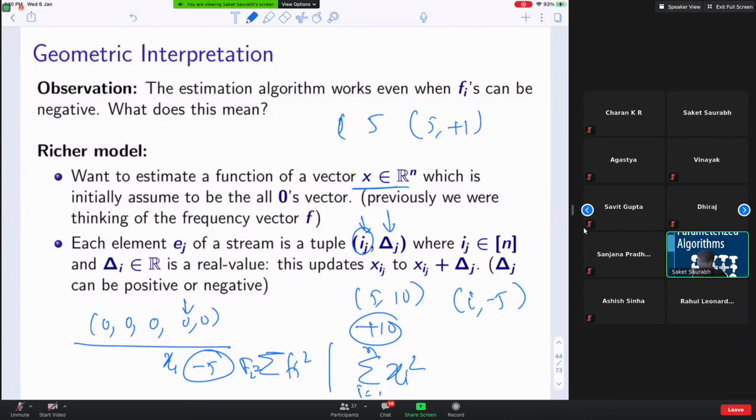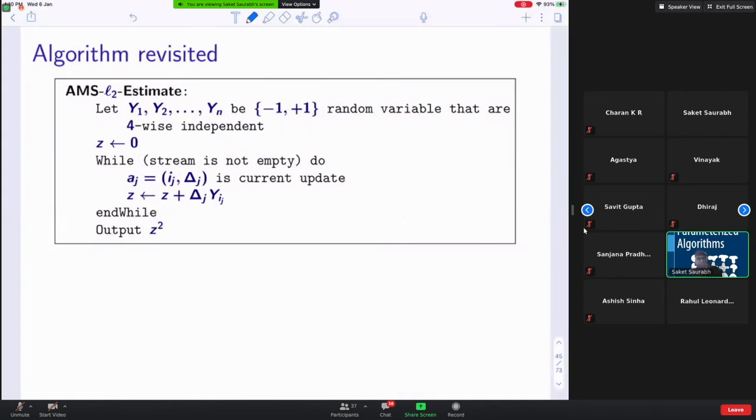Let's revisit the algorithm which we just made. Let y_1 to y_n be the minus 1, plus 1 random variables that are 4-wise independent. We will use this as a 4-wise independent hash function. While the stream is not empty, you get an index and an update, so you go to Z and update it by delta_j times y_{i_j}.